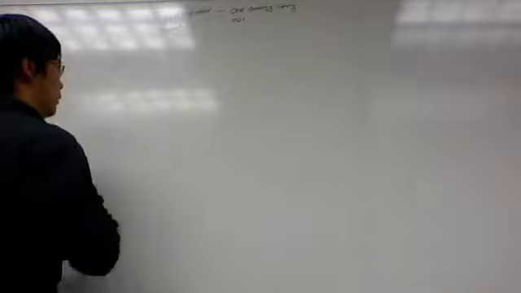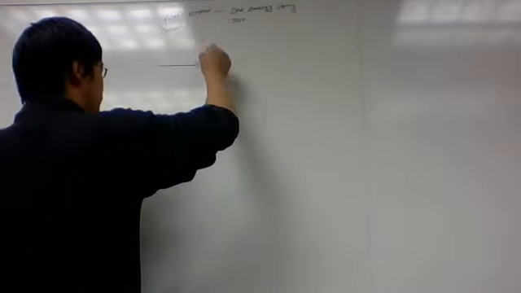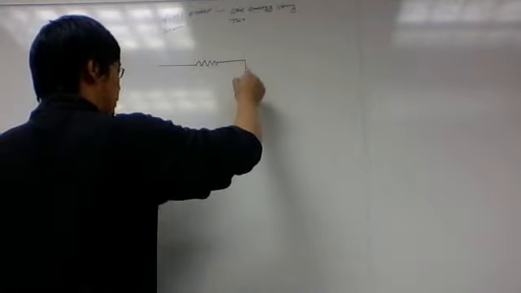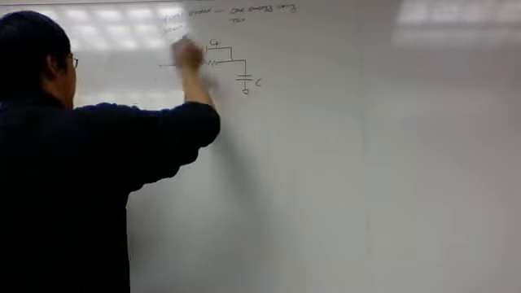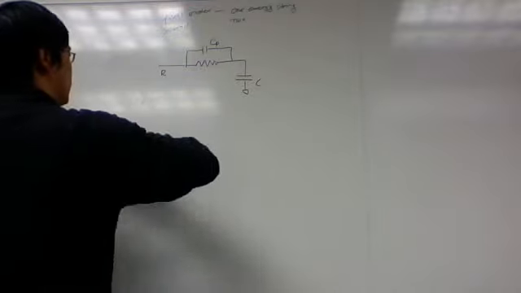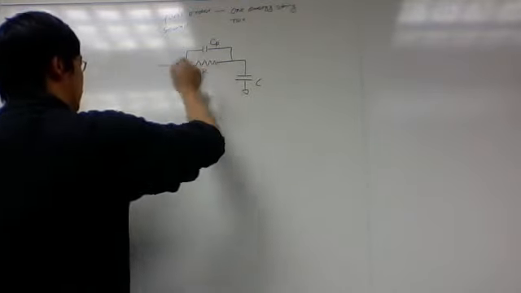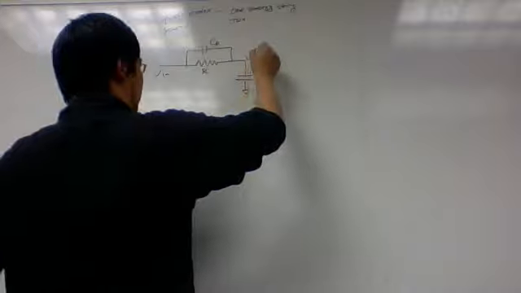For example, in the last example, this is R and this is C, right? What if you have a parasitic cap, CP? So R, V in and V out.